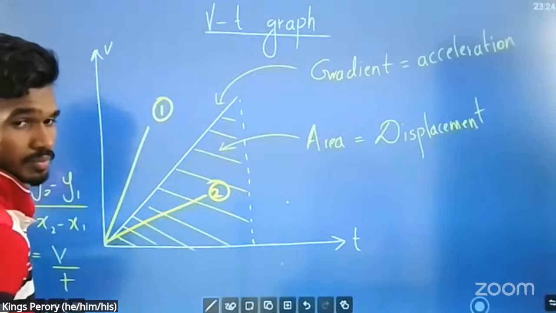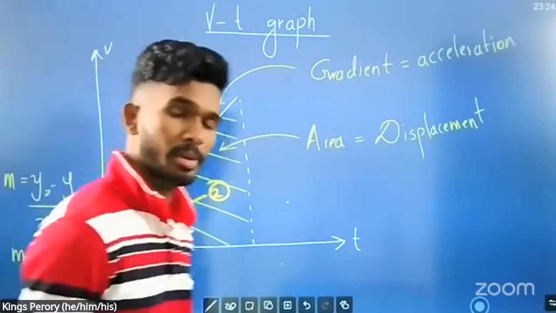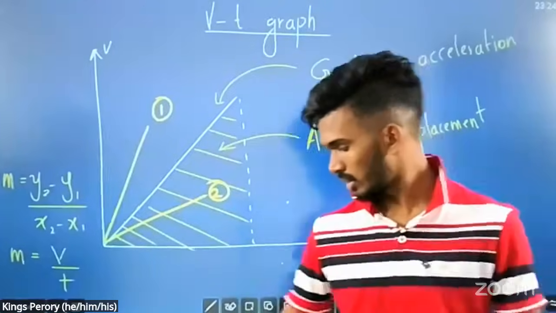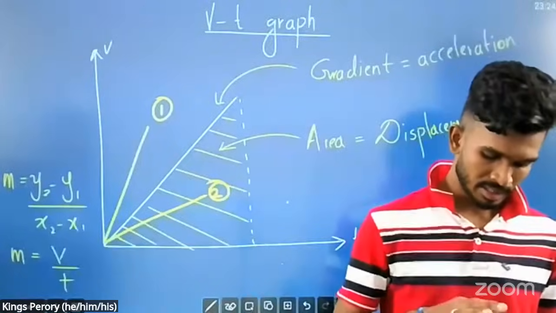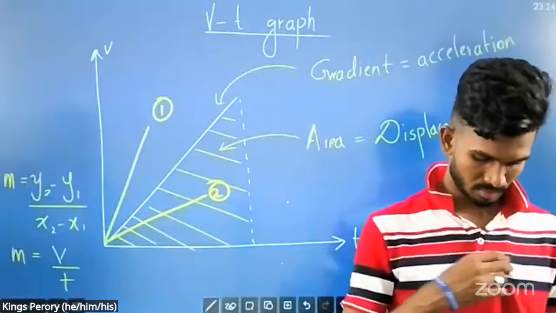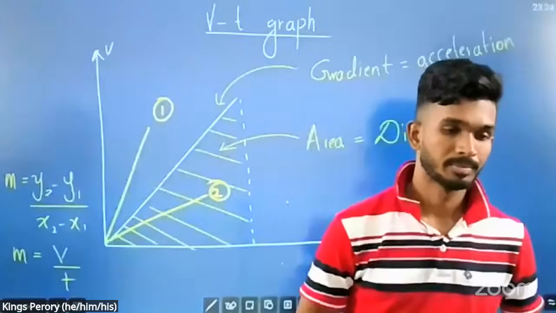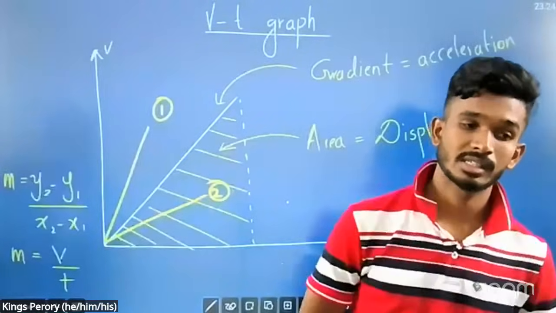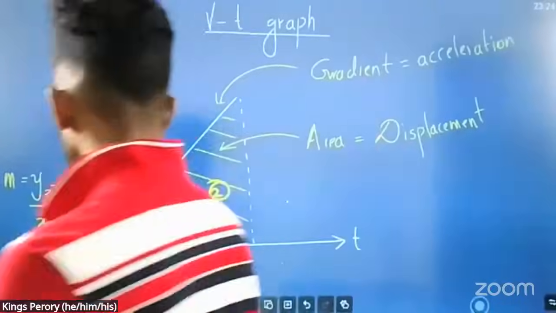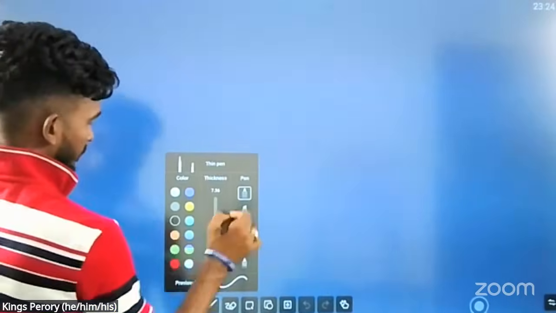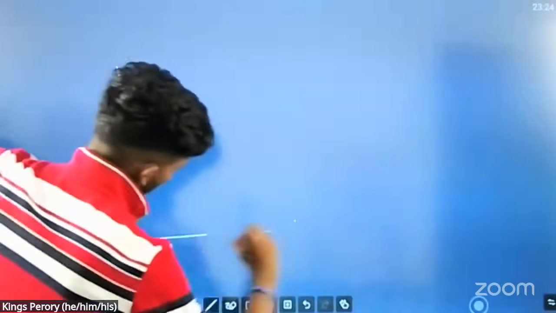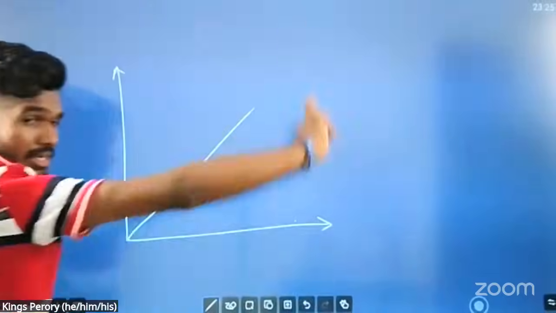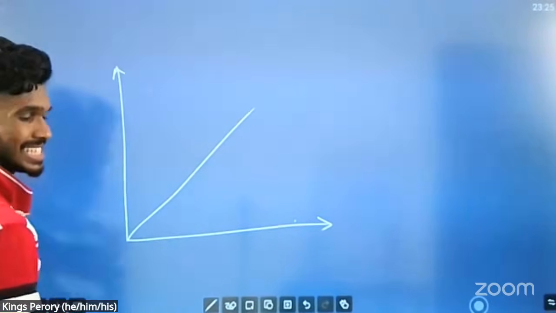Graph 1, graph 2. Mathematically tell me which one's gradient is high. Basics in maths: what is gradient? Gradient is the slope in the graph, how much it is slanted.